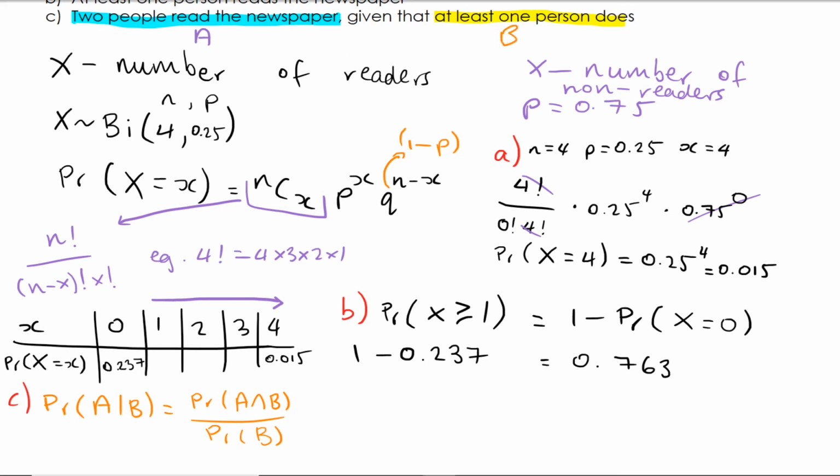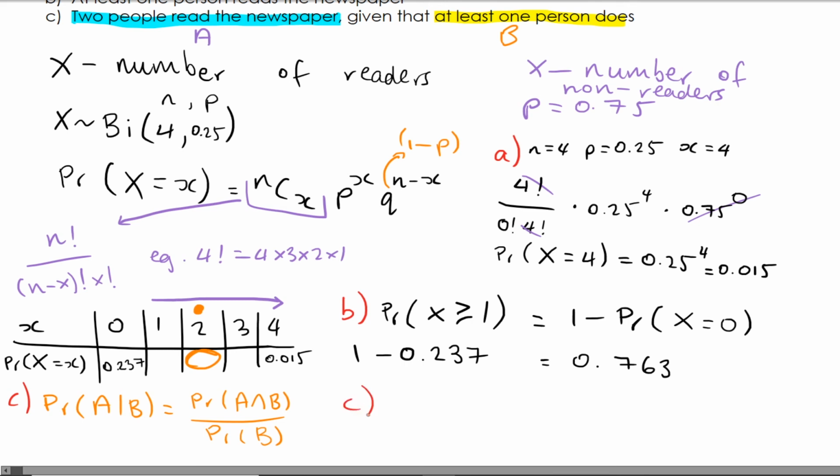And this is why I've drawn the table. We want to know, where does 2 people reading the newspaper intersect with at least 1 person reading the newspaper? And this line in purple represents at least 1 person reading the newspaper, and this dot that I'm drawing represents exactly 2 people reading the newspaper. So this box over here is where those probabilities overlap.